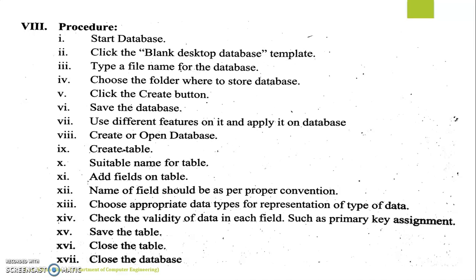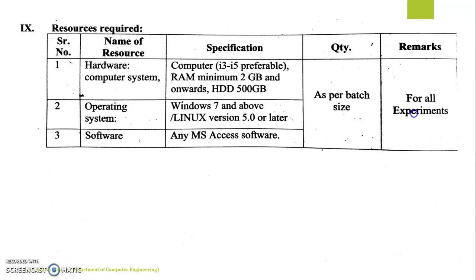Then apply different features like opening a database, creating a table, setting a particular name for the table, adding fields to the table, giving a name to the field, choosing appropriate data types, assigning a primary key and checking whether the primary key is applied or not, then saving a table, closing a table and closing the database. So we will see everything one by one.